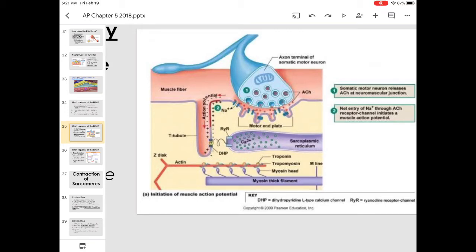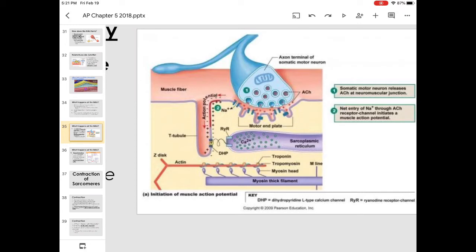If we look at this picture, you can see the acetylcholine vesicles in the blue, which is representing the axon terminal. It's being released from the vesicles as they merge to the end. The vesicles combine with the membrane of the axon terminal, releasing the acetylcholine. The acetylcholine will then attach to receptors on the muscle fiber.